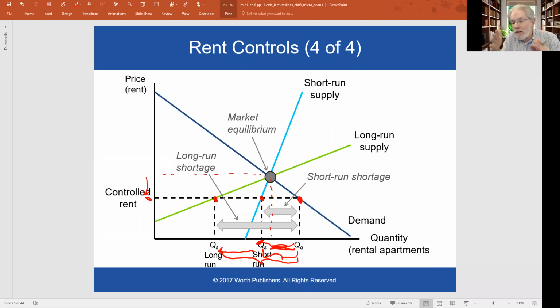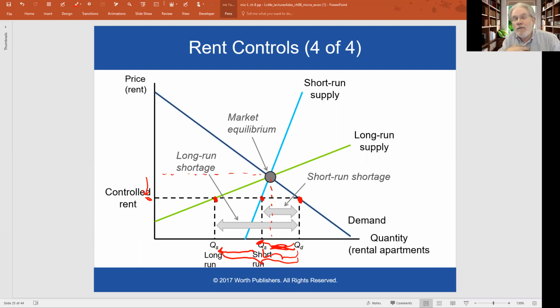Producers are making decisions that are good for them, okay, given the wrong price. The producer is making a good decision from his perspective when he converts to condominiums, or when he lets his property decline in quality.